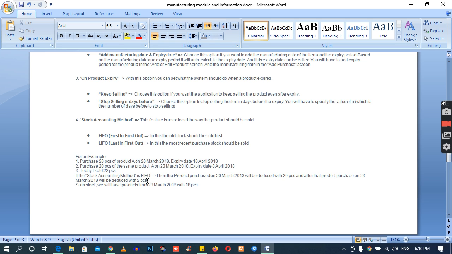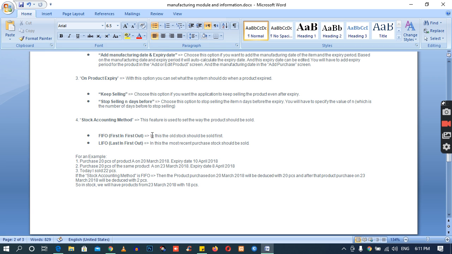If we have FIFO, it means the old stock should be sold first, so the first 20 are deducted. If we set LIFO, last in first out, then the most recent purchase stock should be sold first, meaning the most recent purchase stock would be used in production.